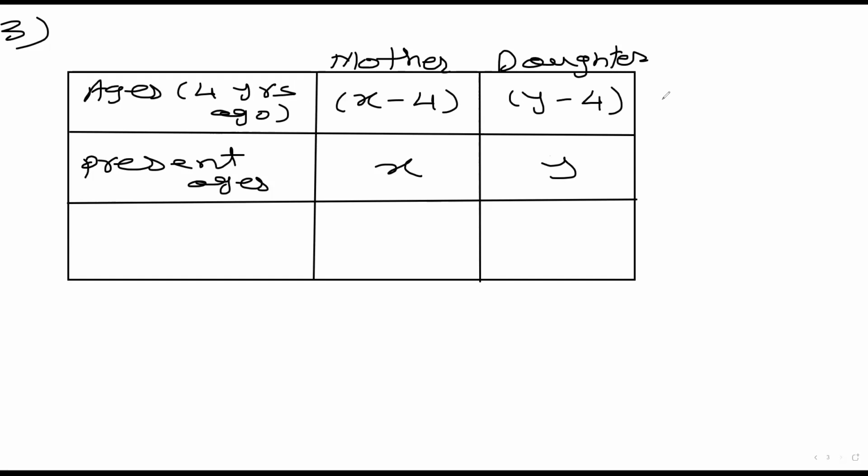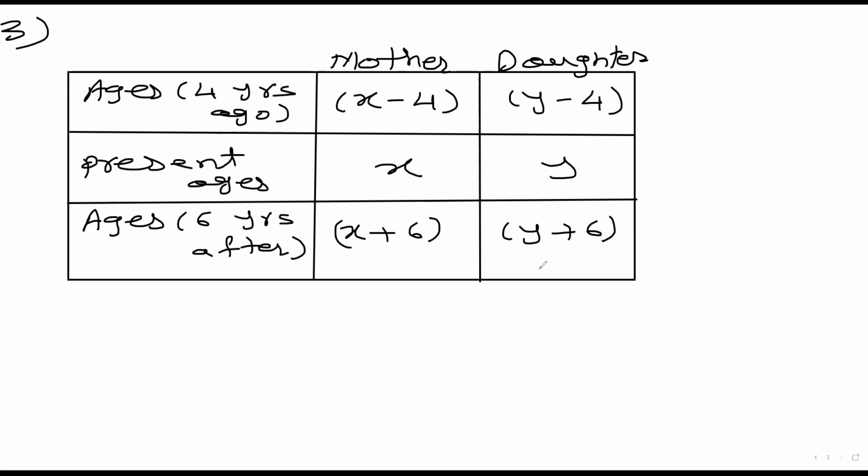Is that right? And what is there 6 years later, I mean 6 years hence? So write down ages 6 years after. What will be the mother's age after 6 years? X plus 6, right? And daughter's age will be y plus 6.